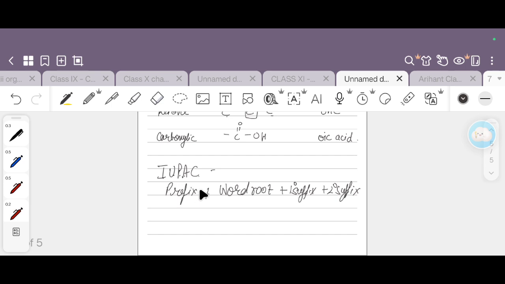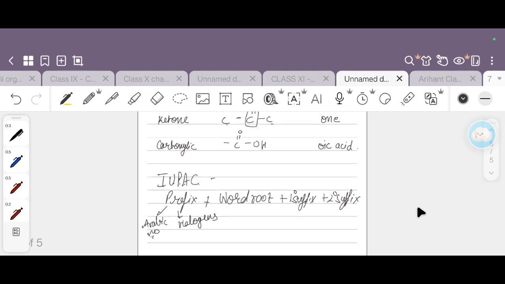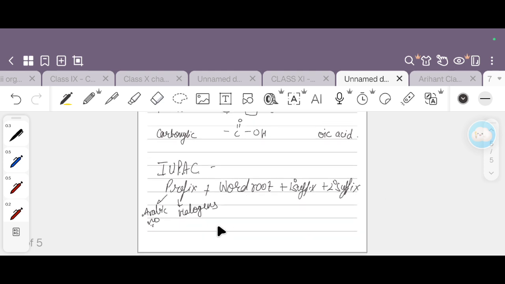Generally we use a prefix as an Arabic number like 1, 2, 3 to tell the position of the functional group, or for halogens. Word root stands for the number of carbons in the organic compound.